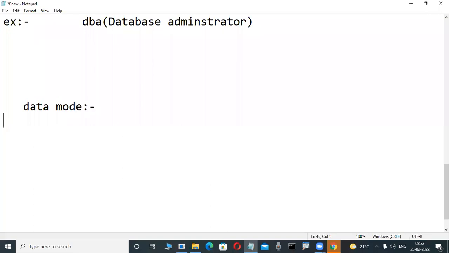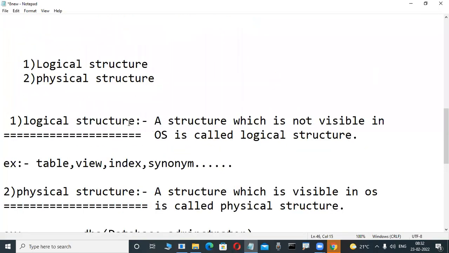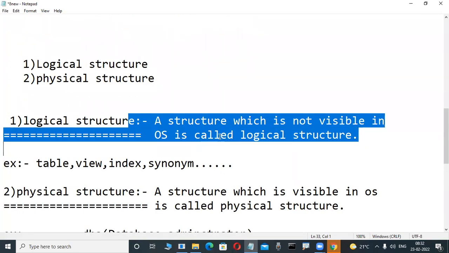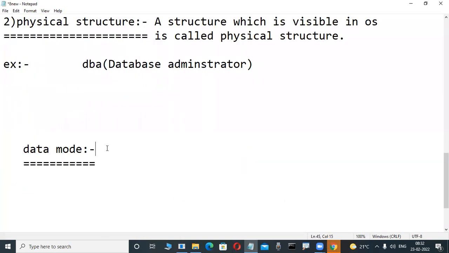What does a data model mean? Up to now, we've talked about logical structure. Do you have an idea? It is a structure which is not visible in the operating system. A logical structure. But what does data model mean? A data model specifies how data is represented at the logical structure of the database.